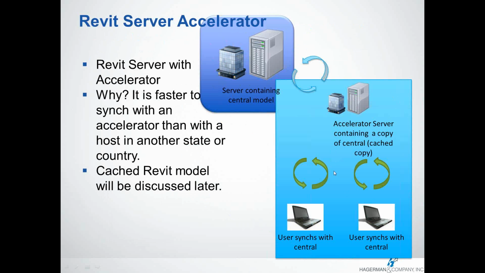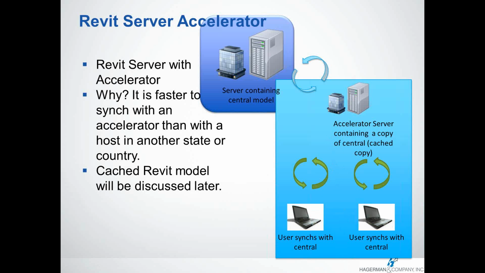And then I have this light aqua green. The aqua green area is an office. So that could be like our Illinois office, which has many workstations, and it has an accelerator in it, okay?